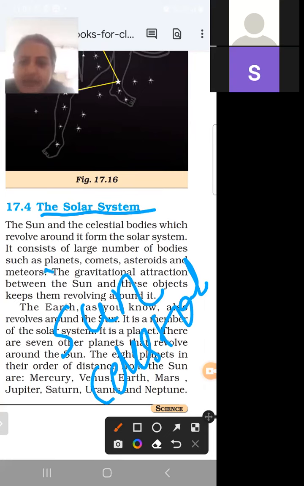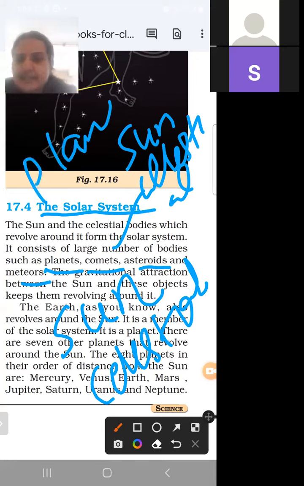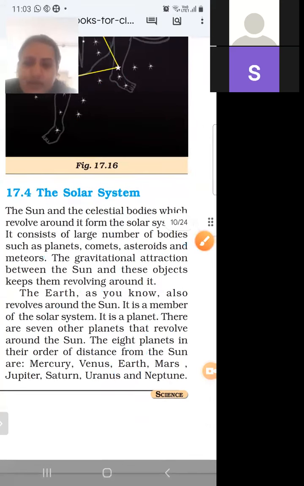It also contains planets, comets, which contain gases and hard materials, and asteroids and meteors. We will study asteroids and meteors at the end of this chapter.